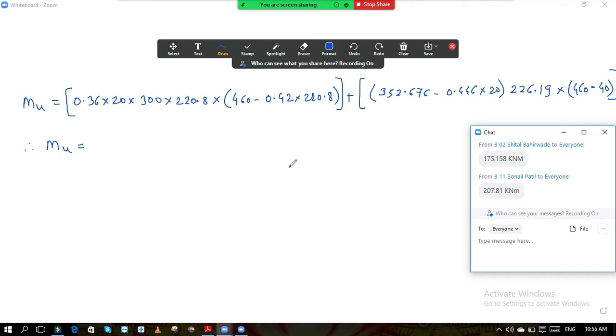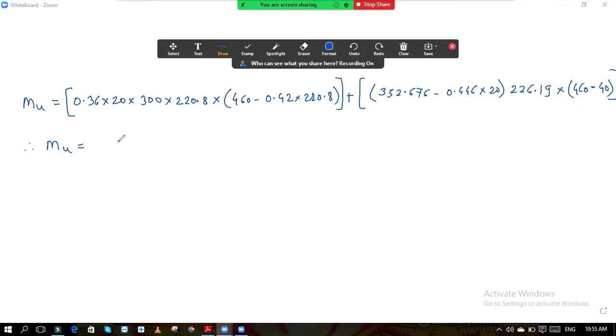So that is the correct answer. 207.81 is the correct answer. So roll number 2, please check your calculation once again. So it is 207.81 kilonewton meter. Okay. So this is our final answer.